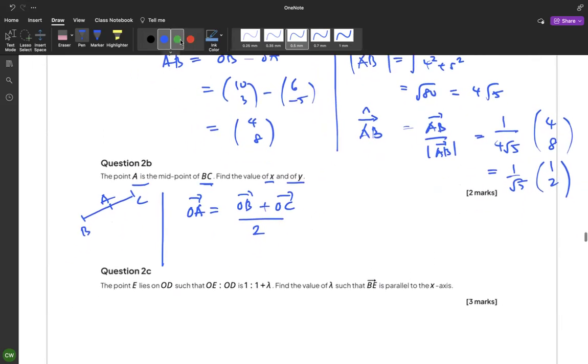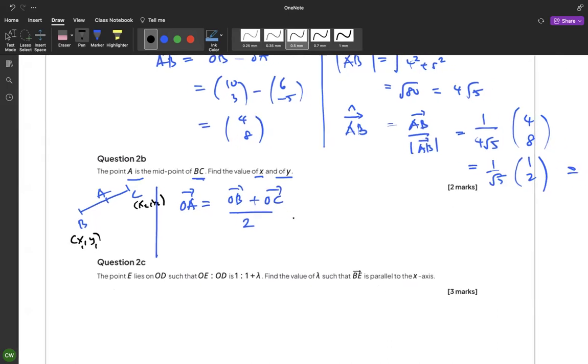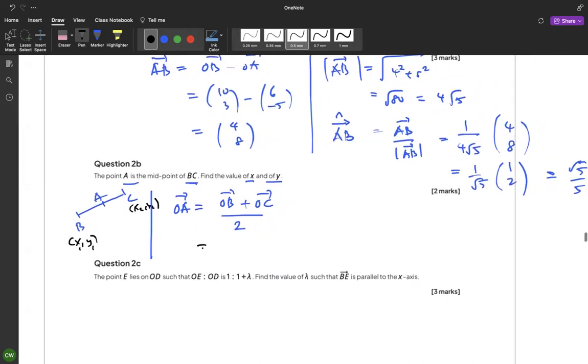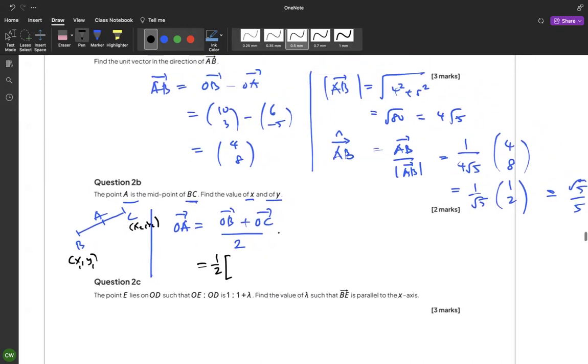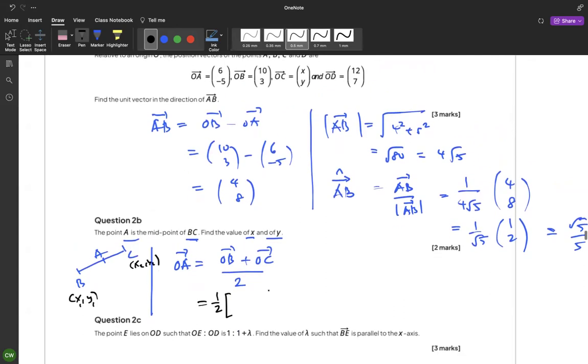Okay, because this one is just like the point is here. Normally, if you have s and y, 1, 1, 2, 2, the midpoint will be divided by 2, right? Because if you add together and divide by 2, it's actually adding the numbers divided by 2. So it's the same. Do you agree? What is OB and OC?